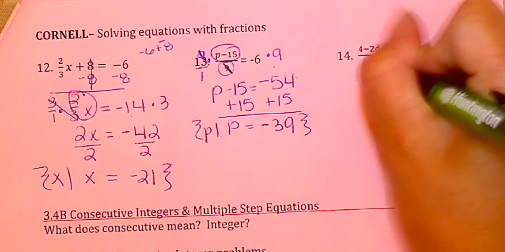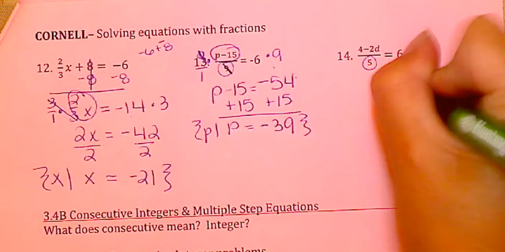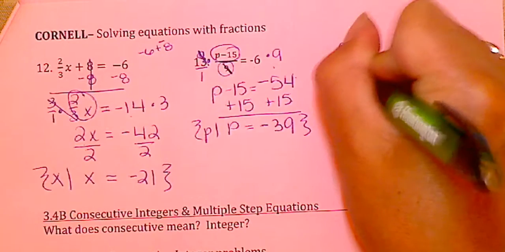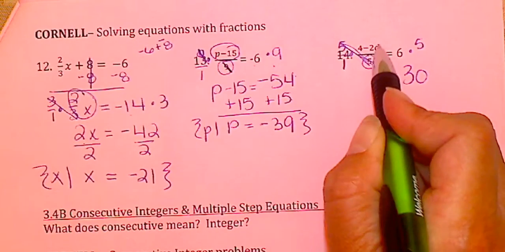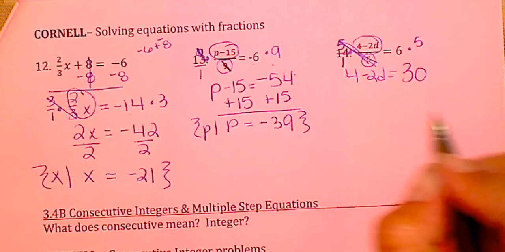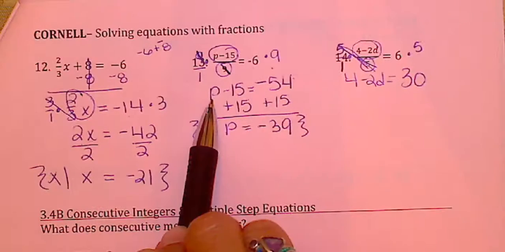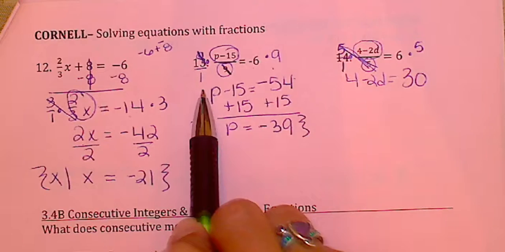All right, so the denominator is 5, so we multiply this side by 5 to get 30. We multiply this side by 5 over 1. And once again, these 5's are going to cancel completely, and all you're left with is 4 minus 2d. Now this one's a little different from this one because we have a number in front of the variable. There's no number in front of the variable here.